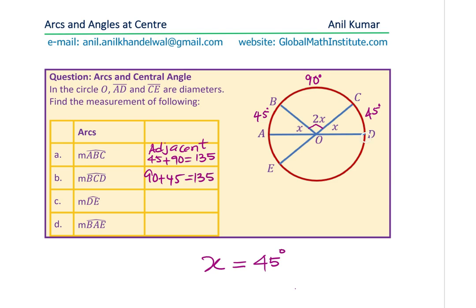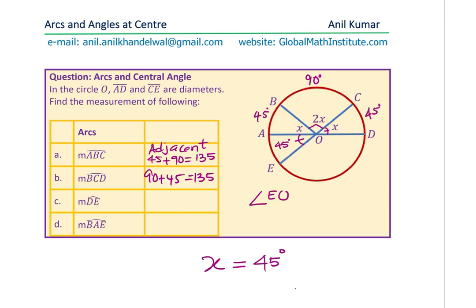Measurement of arc DE. So when we look into arc DE, let's figure out how much is the angle at the center. Now we know that vertically opposite angles are equal, and therefore this angle should be equal to that. That is 45 degrees. So the measurement of angle EOD is how much?